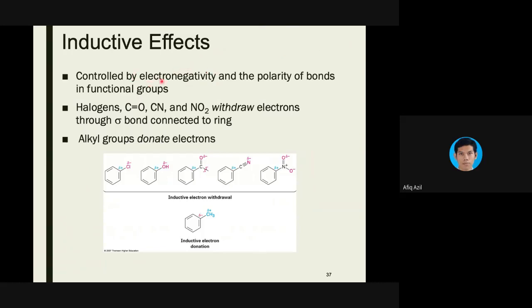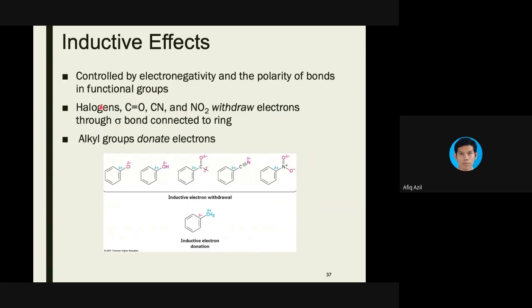So you need to know what electronegativity is first, and the polarity of bonds in a functional group. That means you have to compare between carbon and whatever atom on the substituent, which is more electronegative.